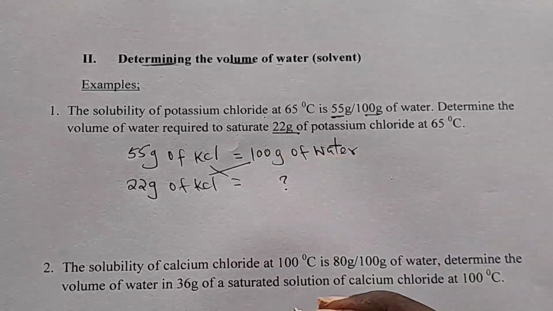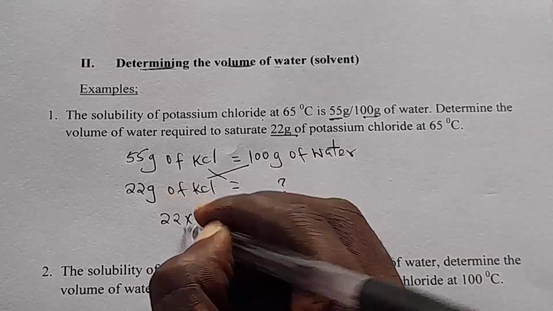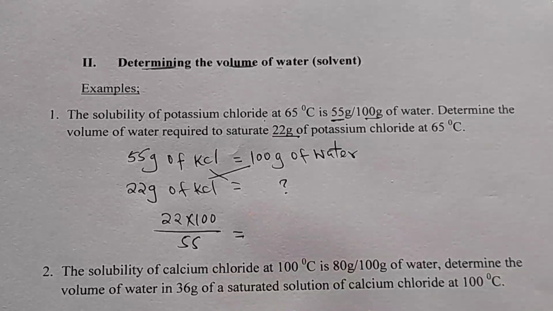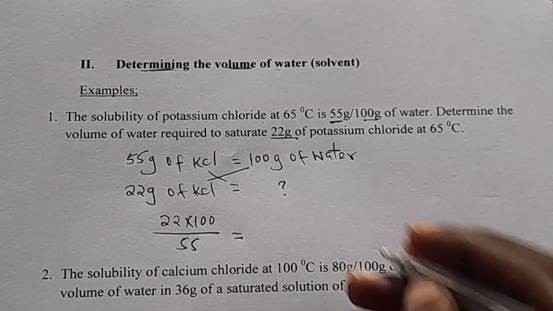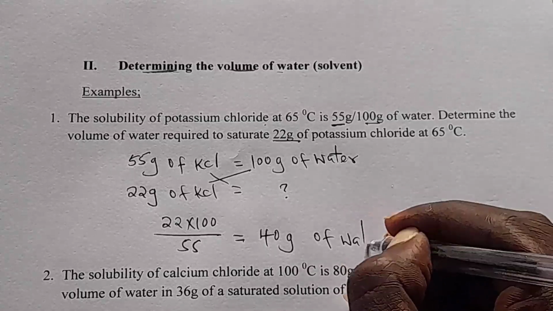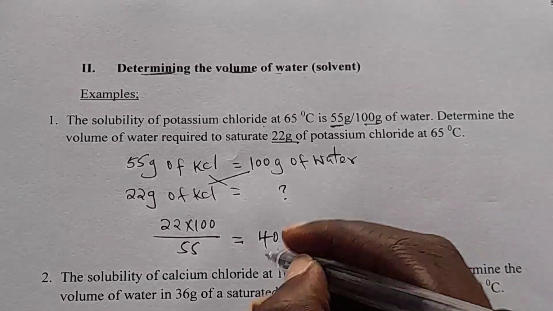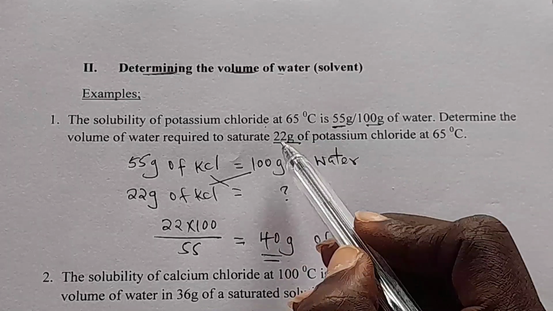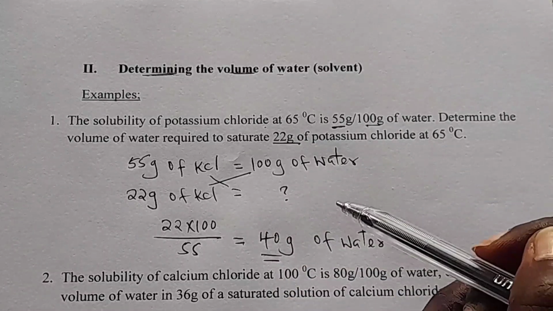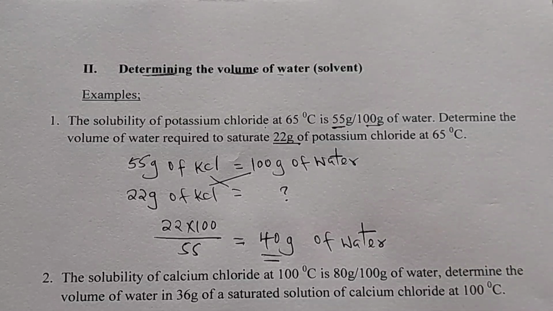So we are going to cross multiply there. We are going to get 22 times 100 divided by 55. Using the calculator, we are going to get 40 gram of water. So this is the mass of water required to saturate 22 gram of potassium chloride.